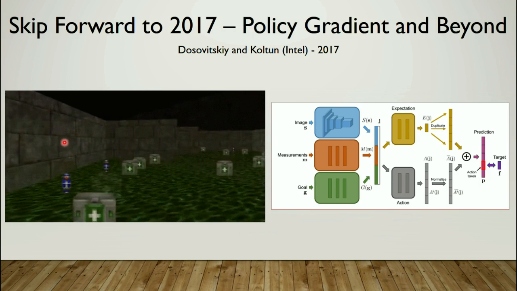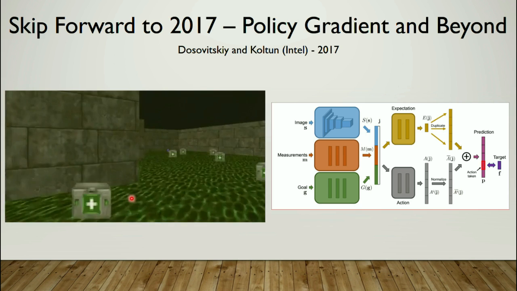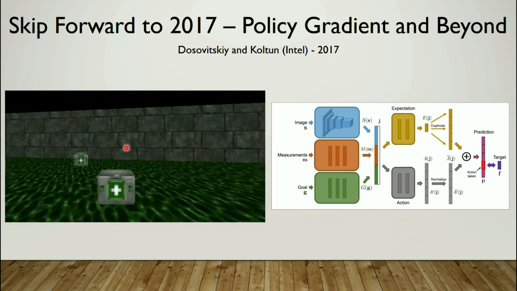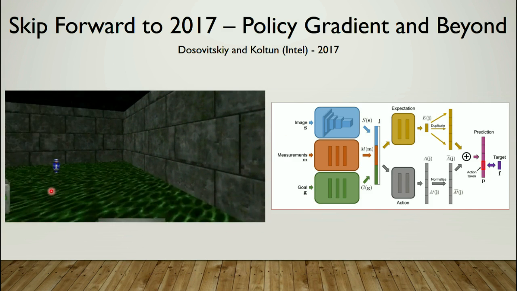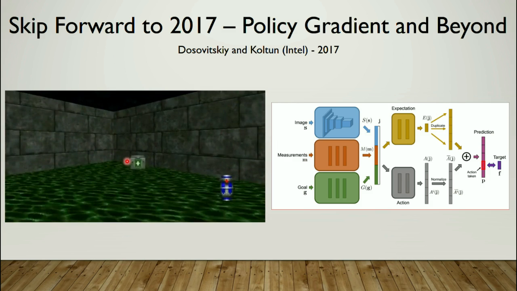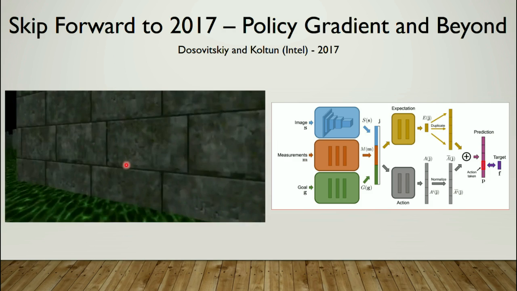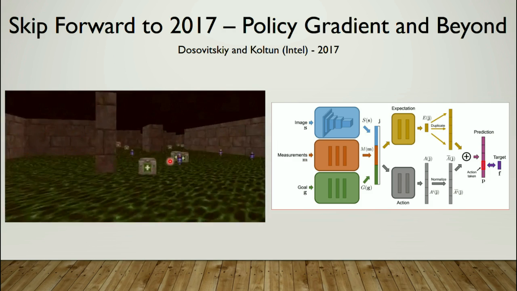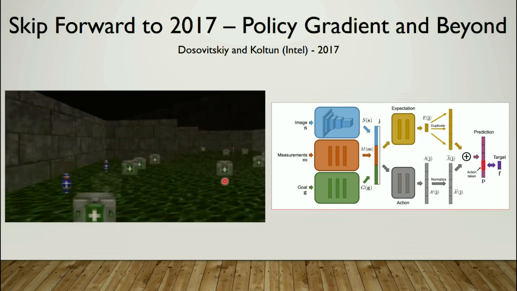It only sees in one direction, maybe a 90-degree field of view. So it's pretty amazing that they reach these results. It's only a short video, but it looks pretty cool. Here, for example, I noticed that it was in the corner, it turns around. Here it avoids the bombs, and so on and so forth.